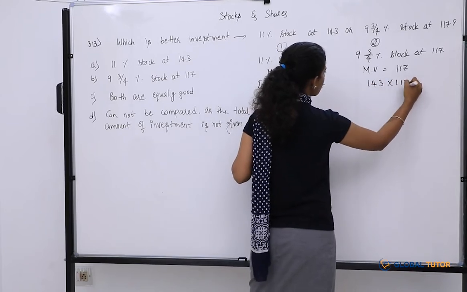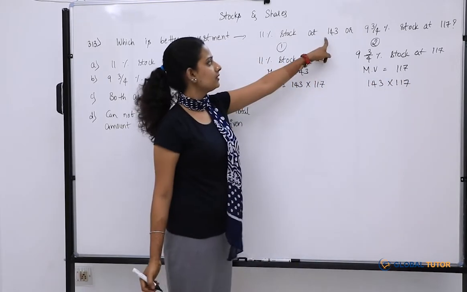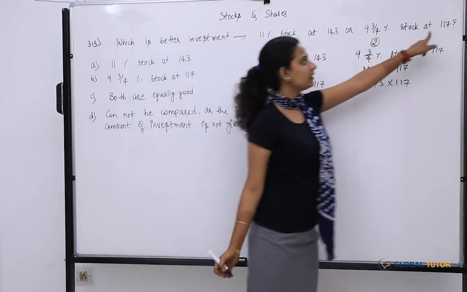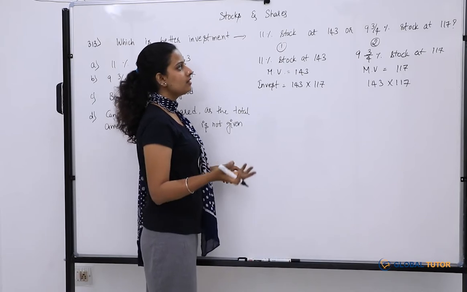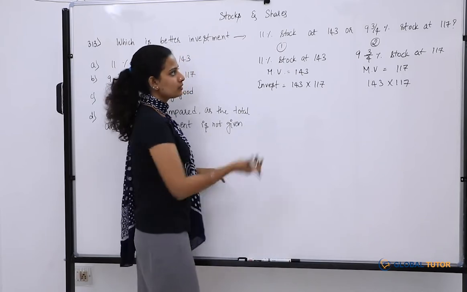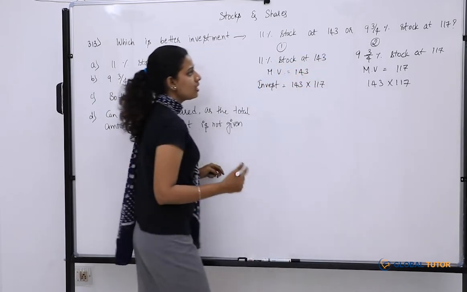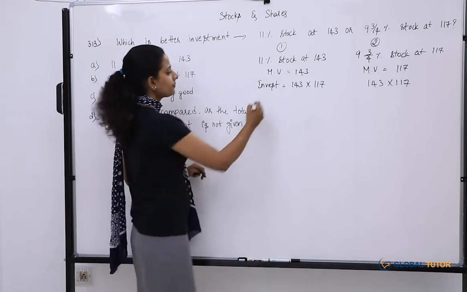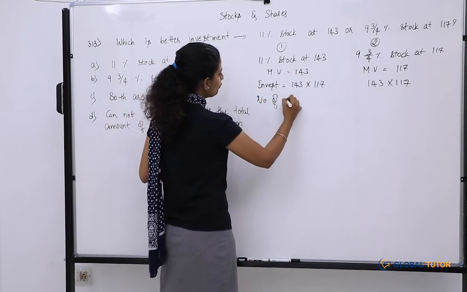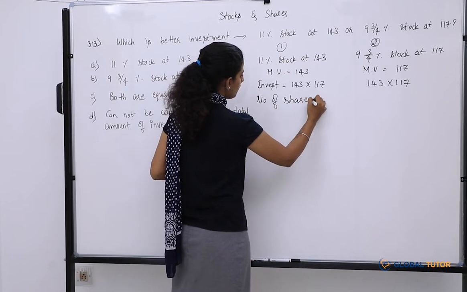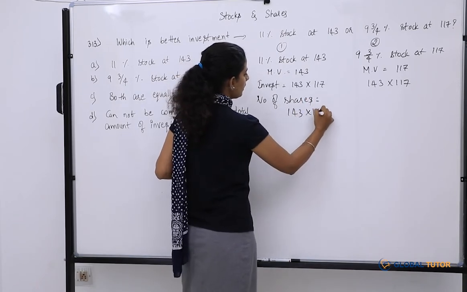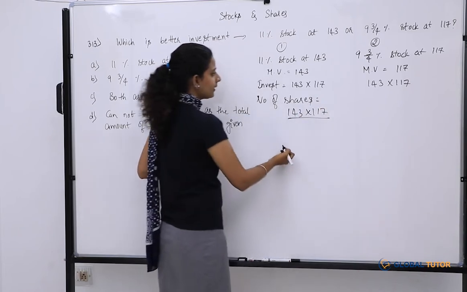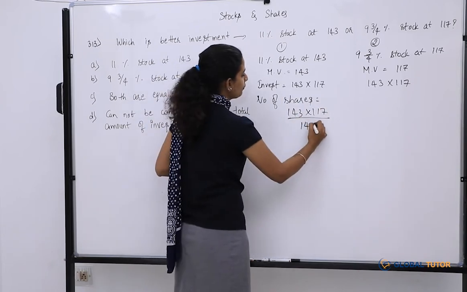Why did we take this amount? Because here there is 143 and here there is 117. To make the calculation simpler, we need a common multiple. So, we are taking 143 into 117. So, number of shares will be equal to 143 into 117 divided by the market value 143.